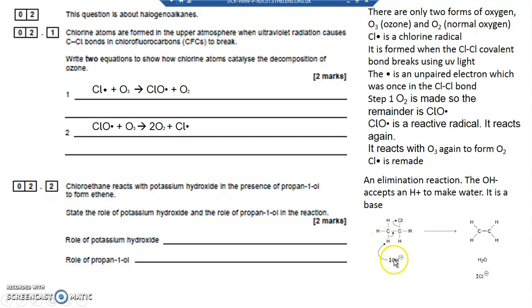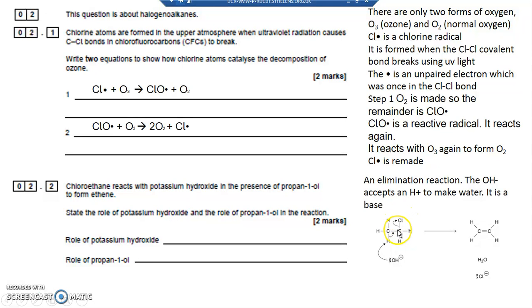When that H reacts with an OH minus, it makes water, because this OH minus is giving electrons away to bond to the H. So now I've got H2O, and it's lost its minus charge. The electrons in that C to H bond move in between the two C's and form a double bond, and the Cl is broken off.